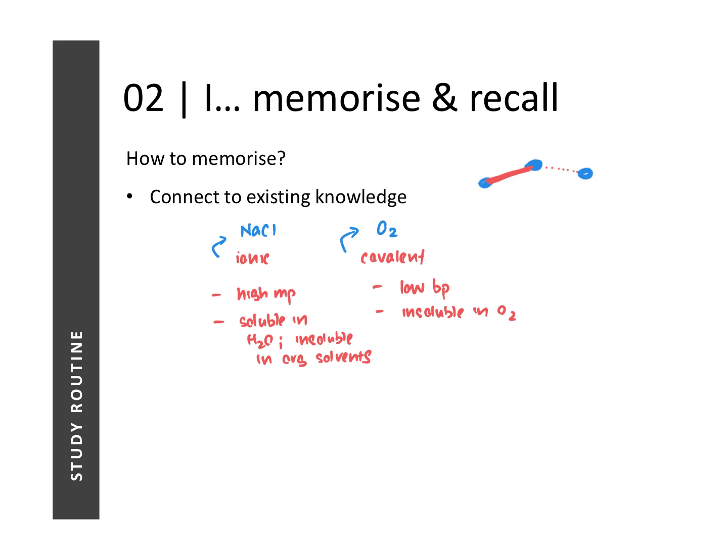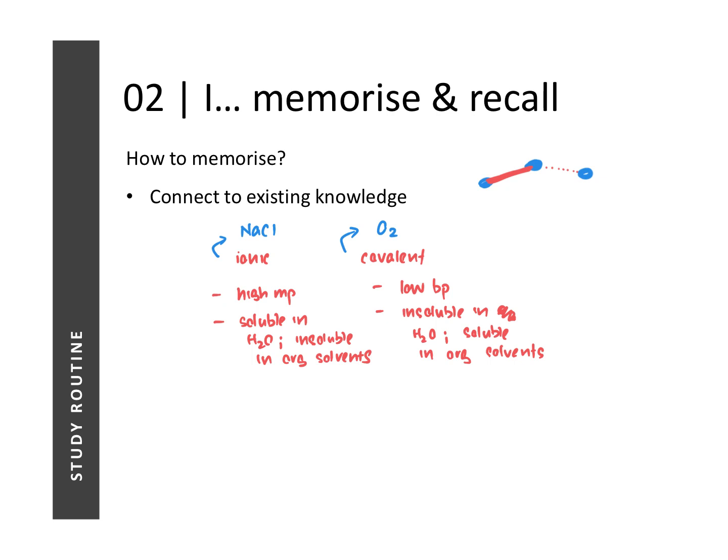Therefore, we can use displacement of water in order to collect the gas. And when something is insoluble in water, it is usually soluble in organic solvents. So by recalling a model ionic or covalent compound that we already know something about, it allows us to connect the properties to them, which will allow us to memorize more easily.